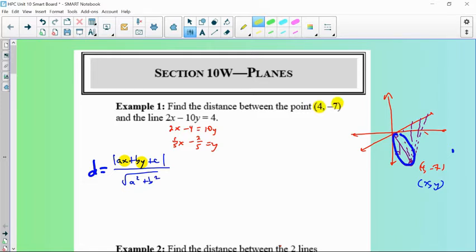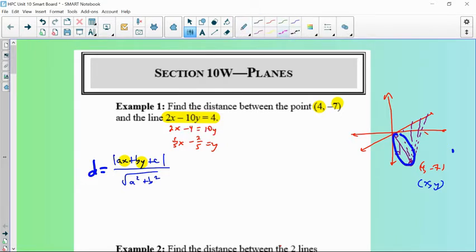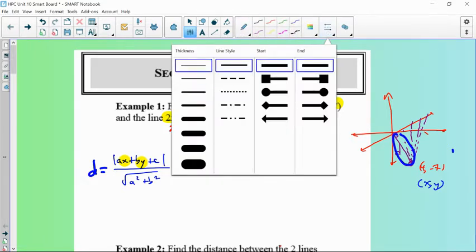The a, b, c come from the equation of your line, but you have to be consistent in what you're representing: what is the a, what's the b, what's the c. So it's when you're in general linear form, in other words, it has to be equal to 0.